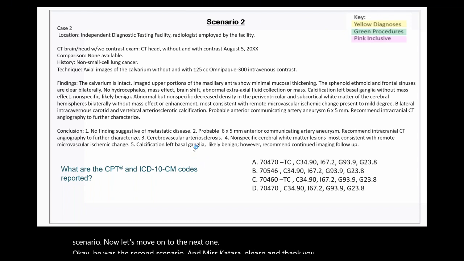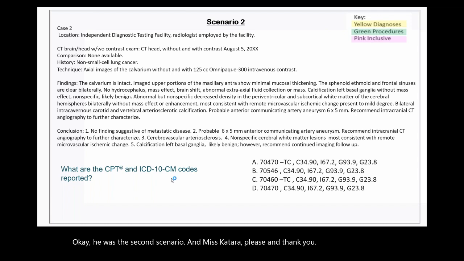What are the CPT and ICD-10 codes reported? A: 70470 modifier TC, C34.90, I67.2, G93.9, G23.8. B: 70546, C34.90, I67.2, G93.9, G23.8.